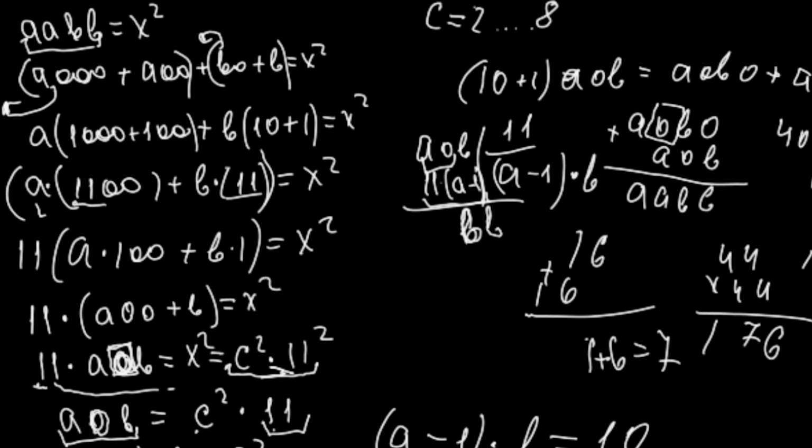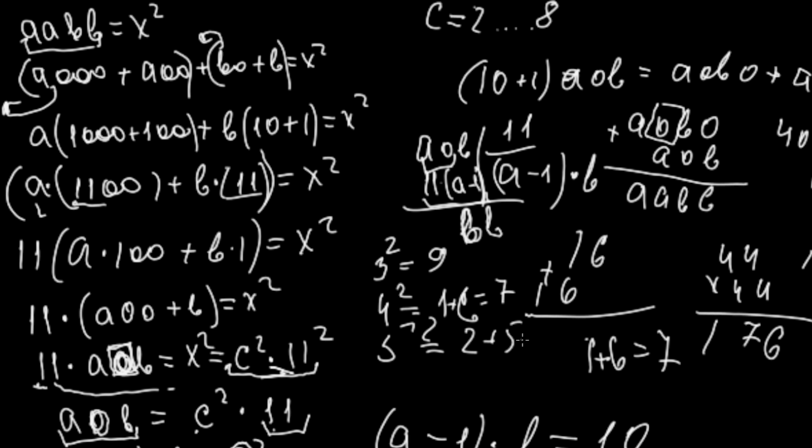And here we have a number from 2 to 8, which is squared. Let us, for example, check 3 squared. It's 9. Well, we don't need that. It's a one-digit number. 4 squared, it's better, 16. 1 plus 6, it's 7. It's not 10. 5 squared, it's 25. 2 plus 5, it's 7.